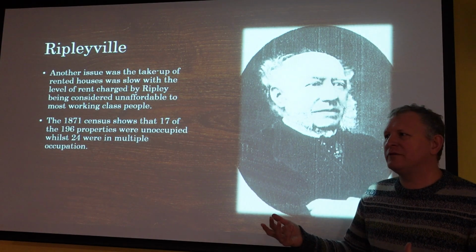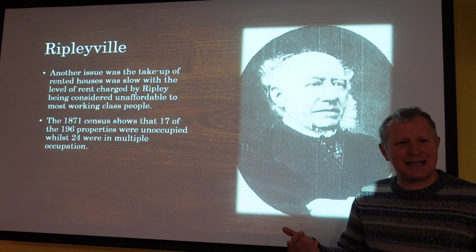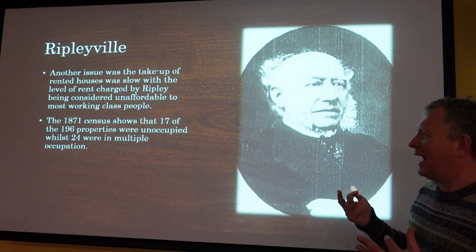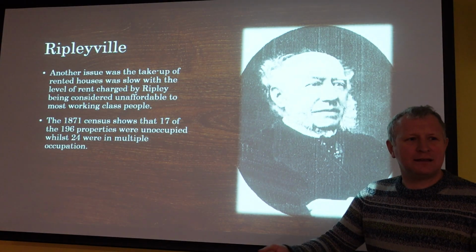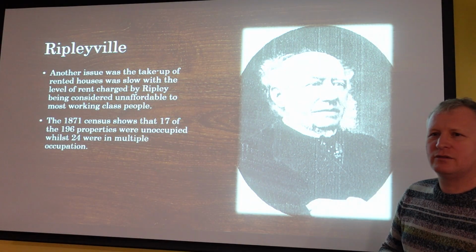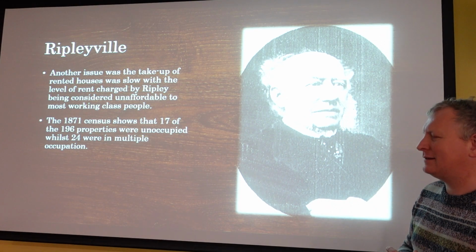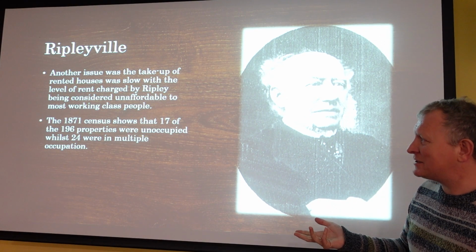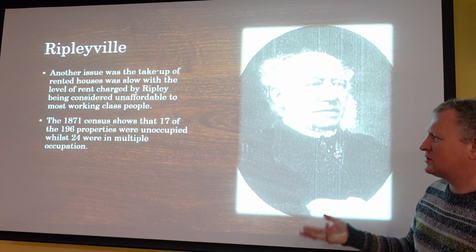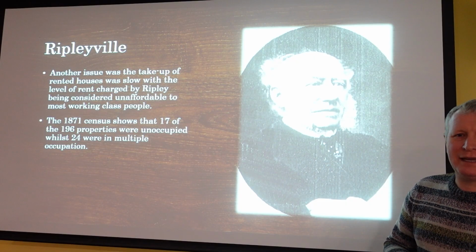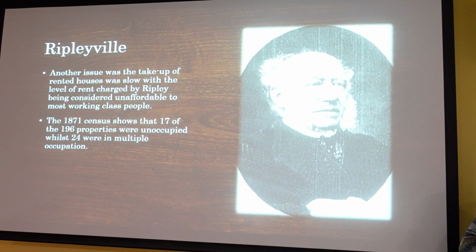Like in Broomfield you had multiple families living in cellars and stuff like that, and with more security than just paying some money for the night, and then not knowing whether or not you've got a floor to sleep on that next night. But the 1870 census showed that 17 of these properties were unoccupied, and 24 of them were in multiple occupation. He didn't really make it easy.